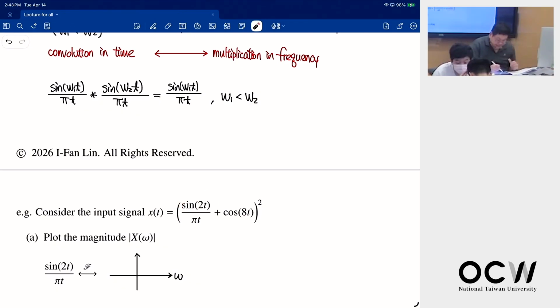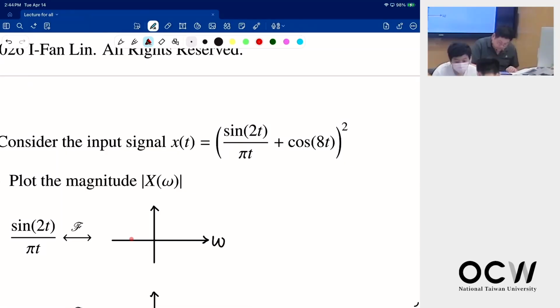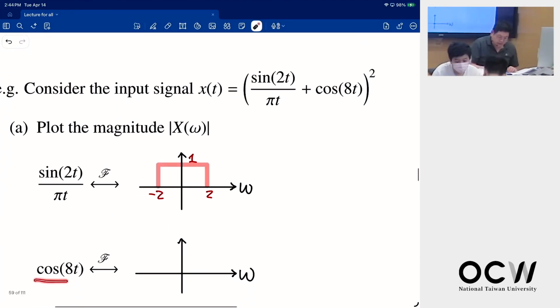So for the sinc function, in frequency domain, that's a rectangular pulse. The width is from -2 to 2, and the magnitude here is 1. So this is a signal. I use red. From -2 to 2, and here's 1. And let's see cosine. Cosine 8t.